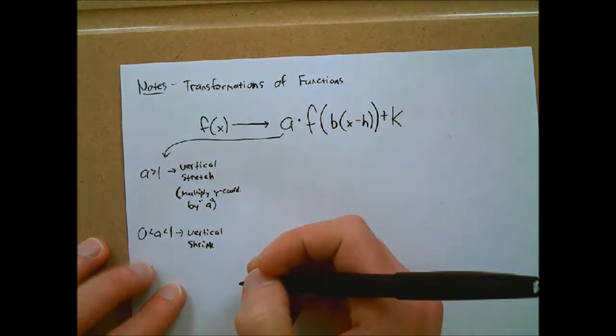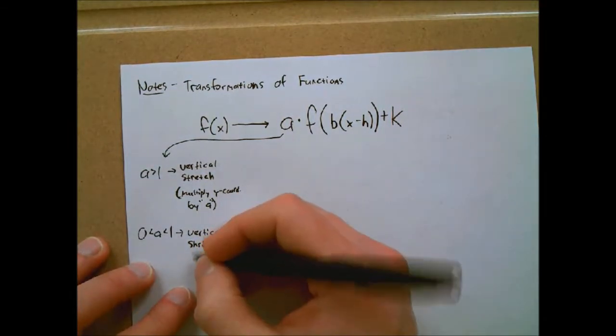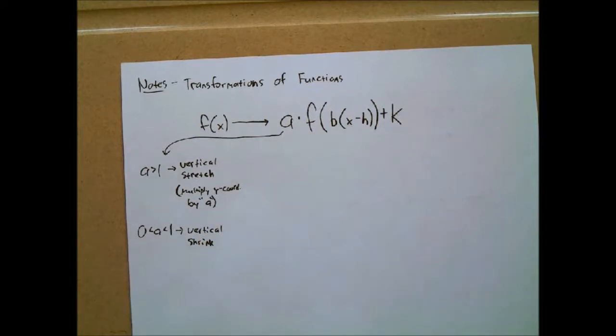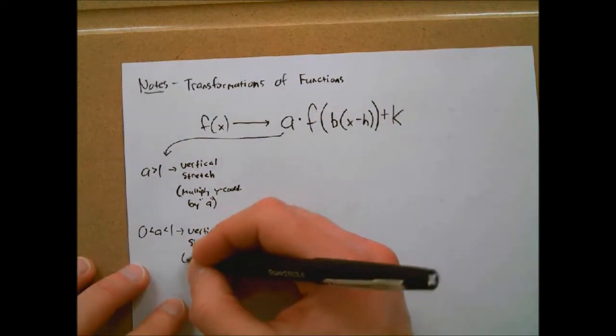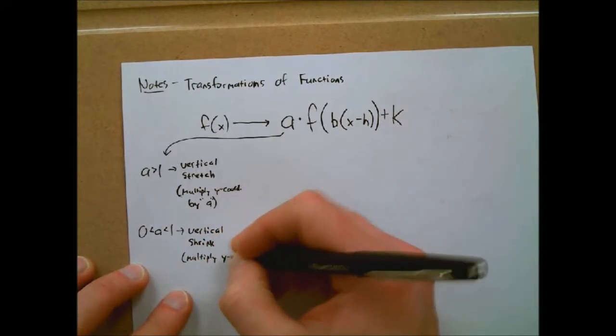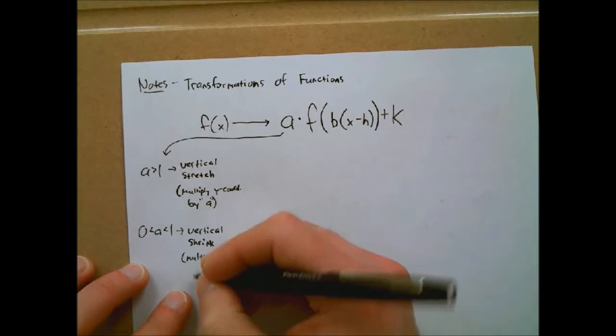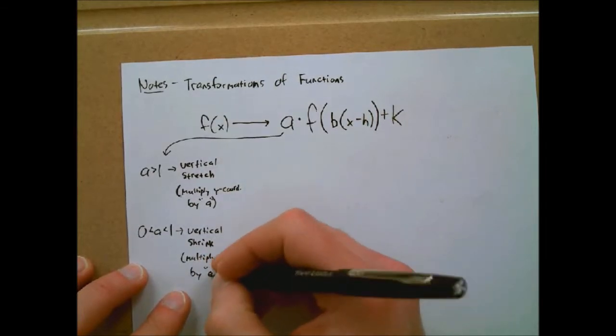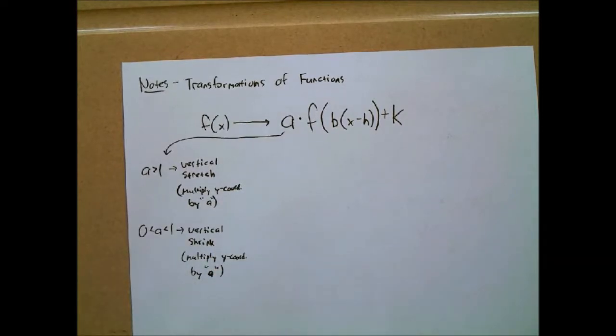Okay, vertical shrink, again, multiply y coordinates by A.